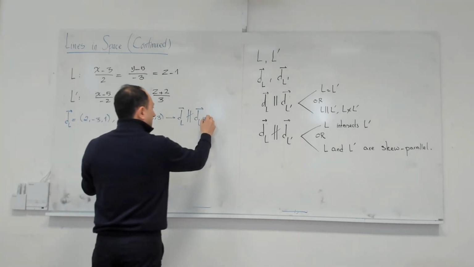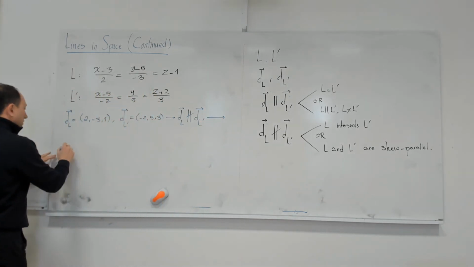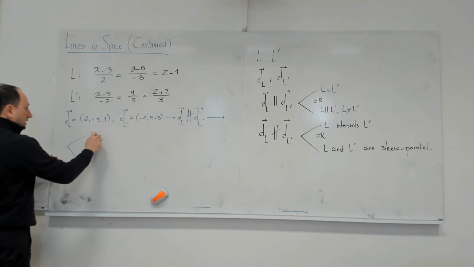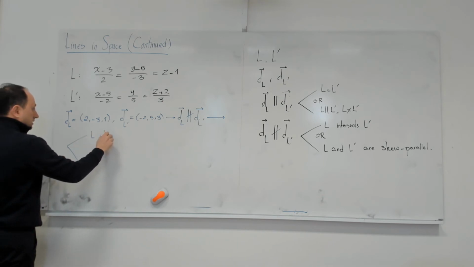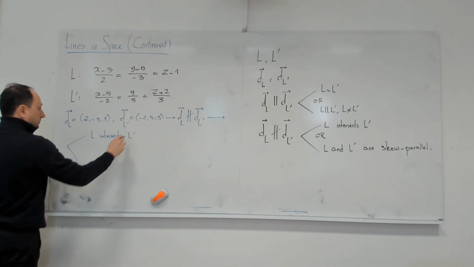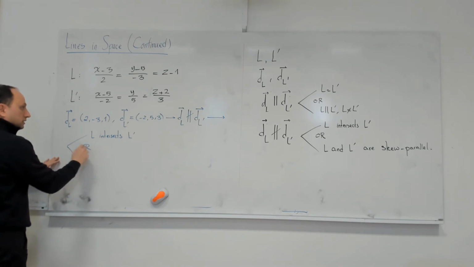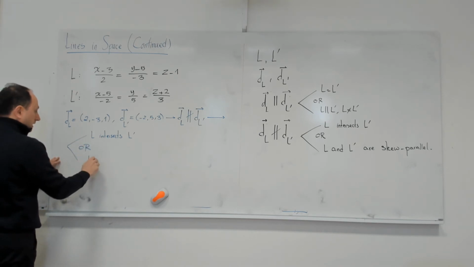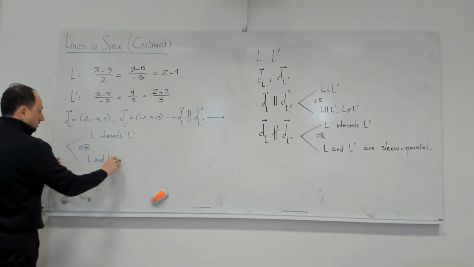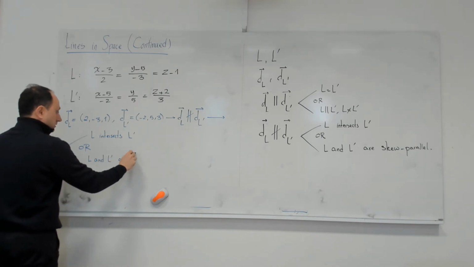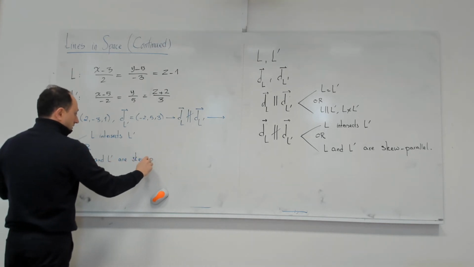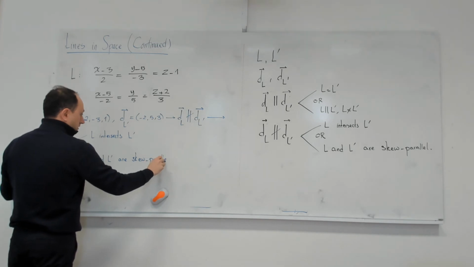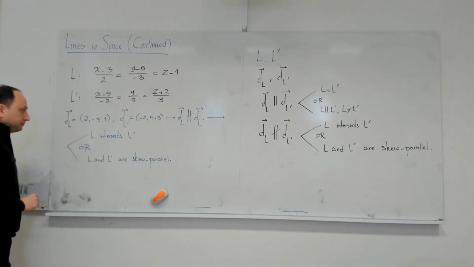So I have two scenarios going on. Either L intersects L prime, or L and L prime are skew. This we know.